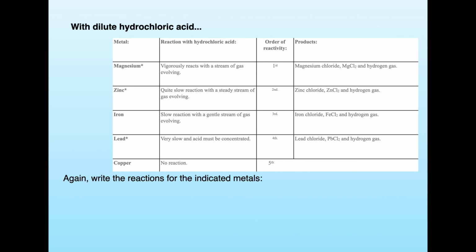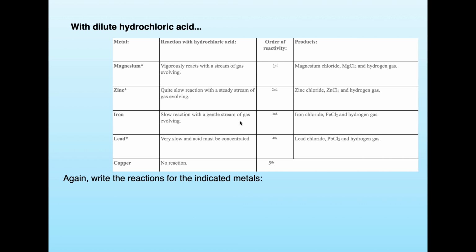We can also see how these metals react with dilute acids. So, for example, magnesium will react vigorously and you get a stream of gas bubbles evolved. Obviously, magnesium reacting with an acid produces, if it's hydrochloric acid, a salt, magnesium chloride, and hydrogen gas. Zinc reacts quite slowly.